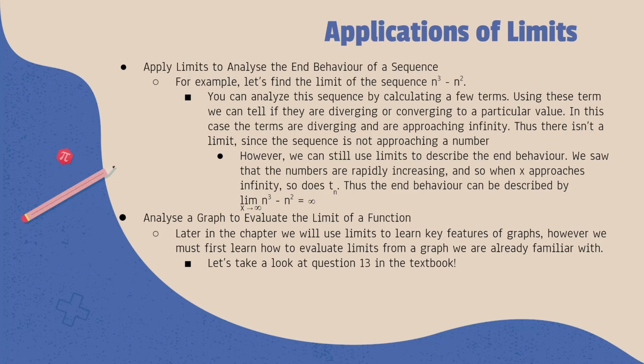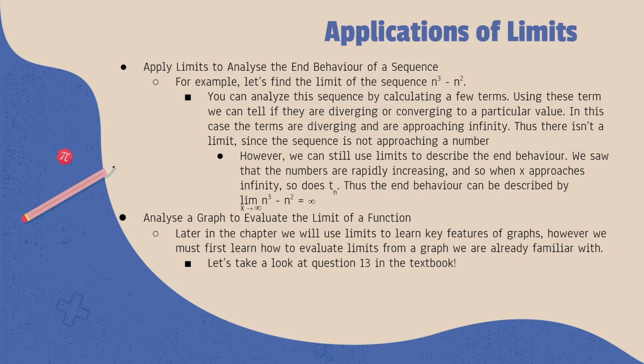That is a key feature that you must recognize, because if that is occurring, that means you don't have a limit. Again, remember, a limit only occurs when all numbers approach the same value. So in our case, since they are all diverging, getting further and further apart, we can't possibly get towards a singular value.